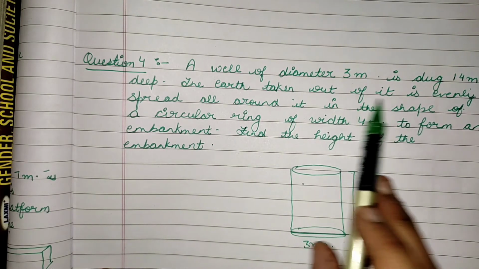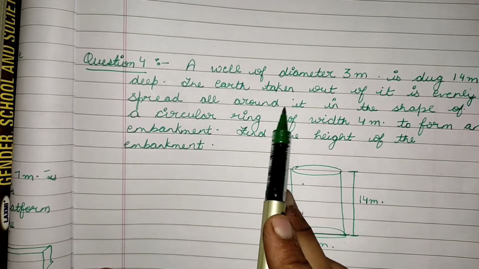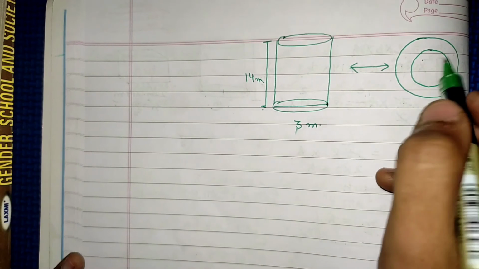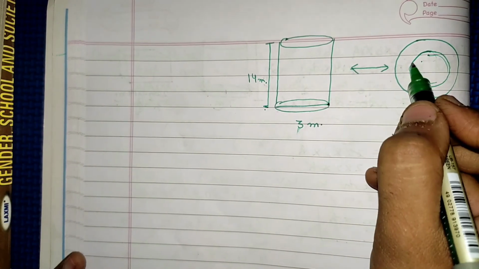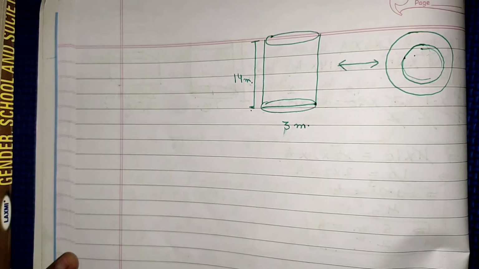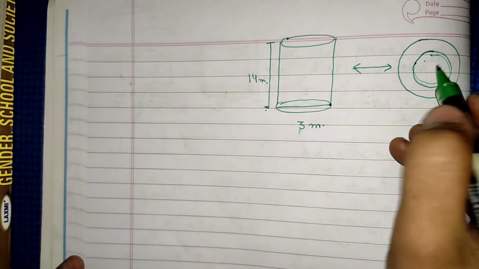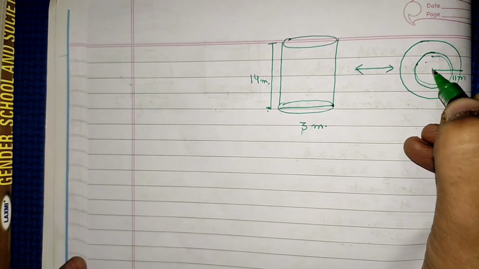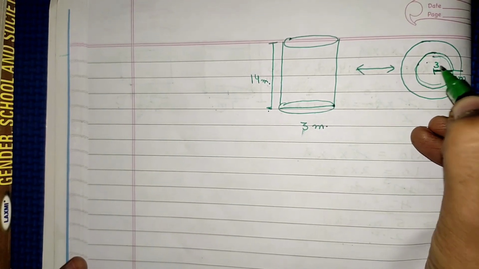Okay, then earth taken out of it is evenly spread out in the shape of a circular ring. They have made a circular ring whose diameters are given to us equal to 11 and 3 meter. So the bigger one is my 11 meter and this smaller one is my 3 meter.